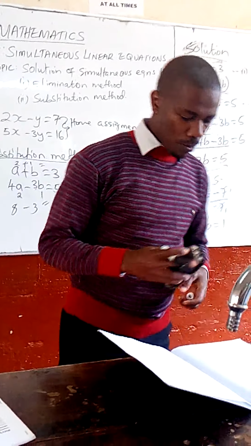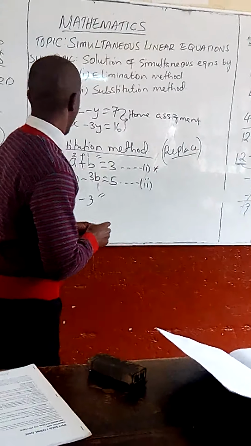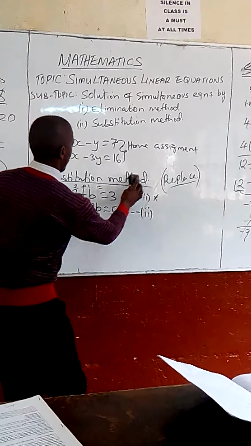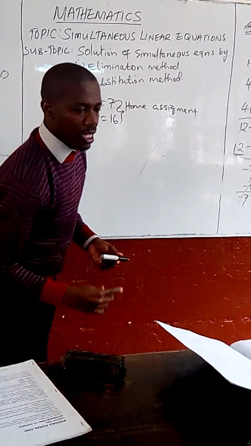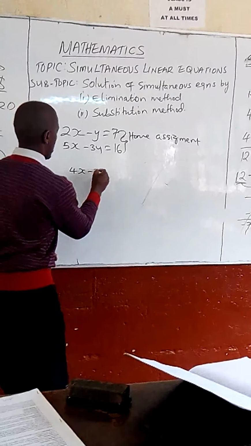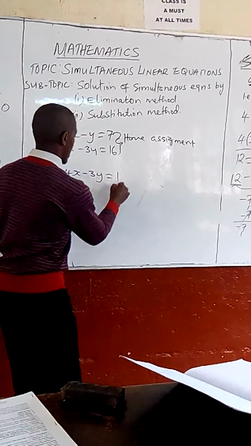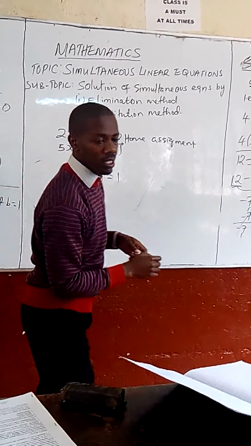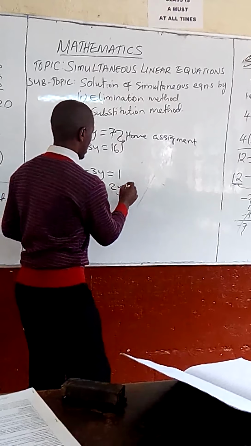And at home, you can try this. 4x minus 3y is equal to 1, x minus 4 is equal to 2y.